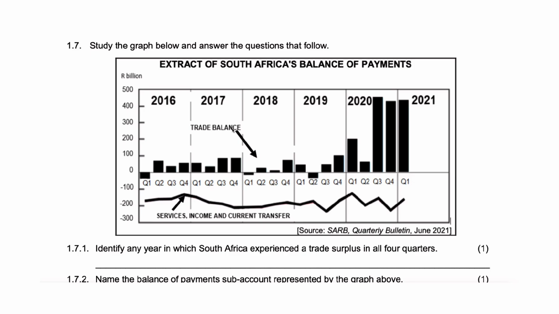We also have, on the same account, the current account, service receipts and service payments. We have income receipts, we have income payments. Then we have current transfers. Basically, this is your gifts, your donations, when goods leave a country to another country without expecting any money in return.